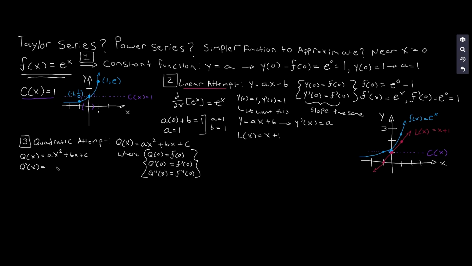And then factor out that b, we'll take the derivative of x, which is just 1, and then the derivative of c, well, I think that's just going to go away.